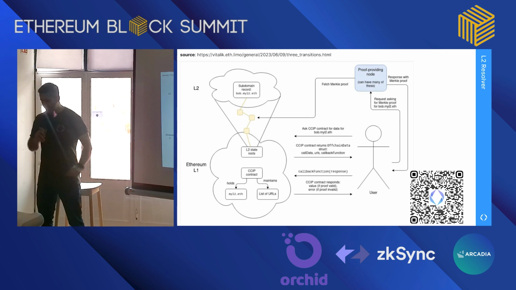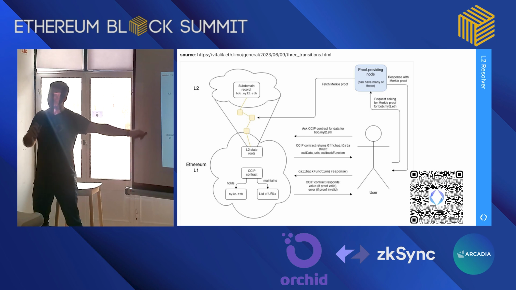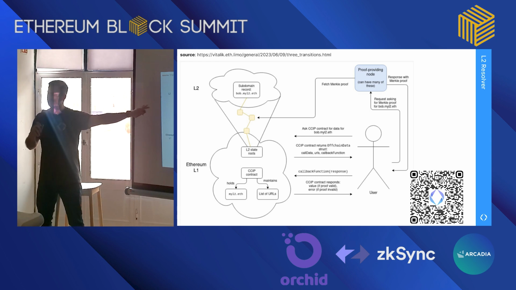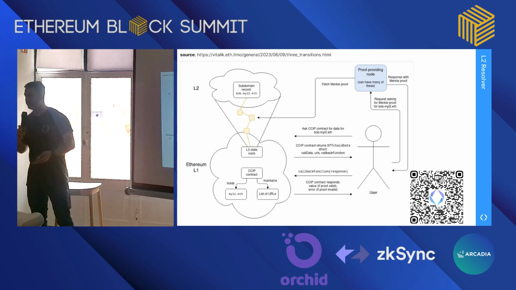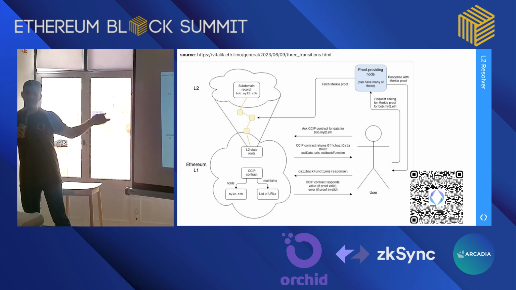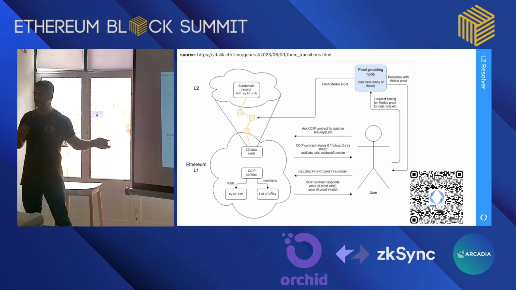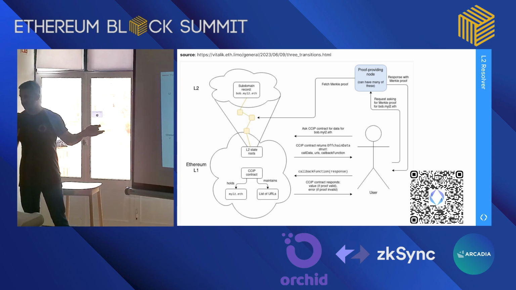And this, I'm not going to explain all, but it's more or less what we already talked about when we talked about how we are retrieving the information from L2. Why I put that? It's from Vitalik's blog and his take on how we can use the CCIP read to scale ENS.